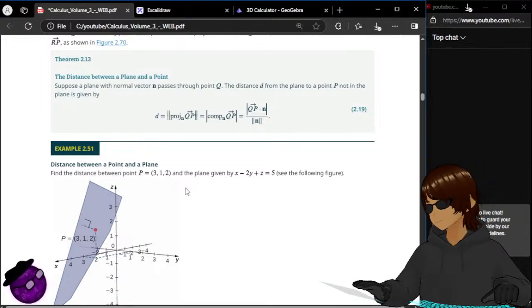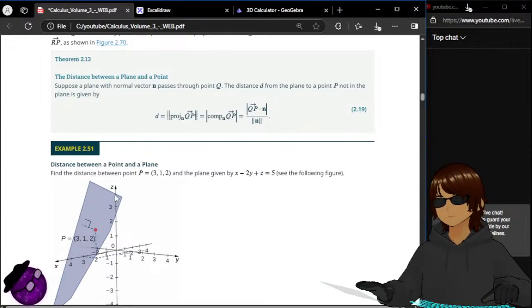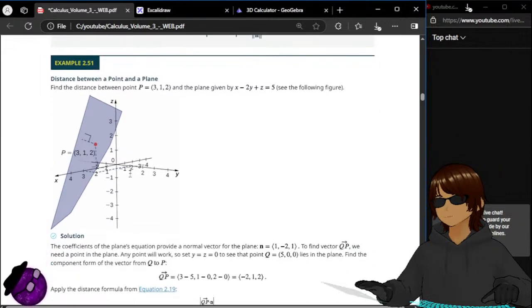Oh no. To find vector QP, we need a point in the plane.